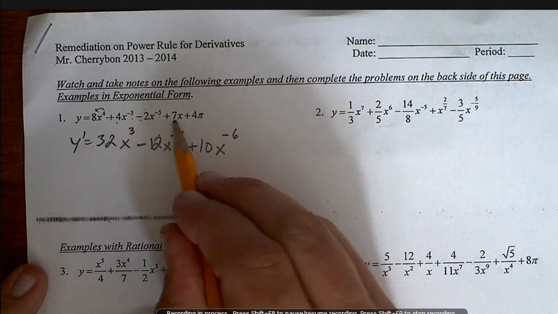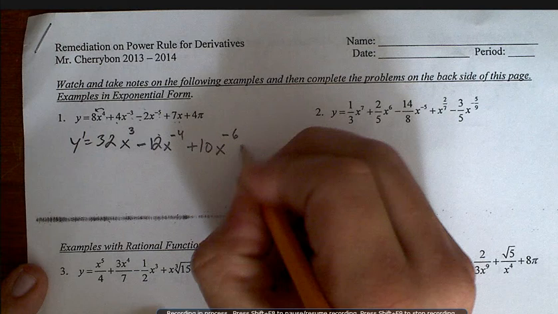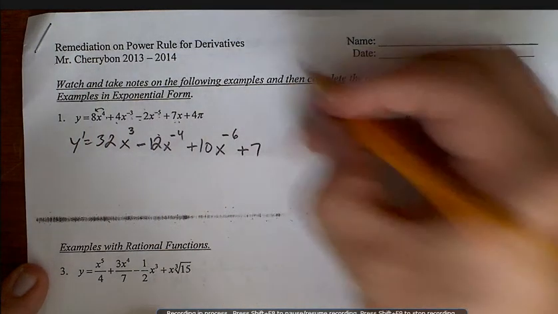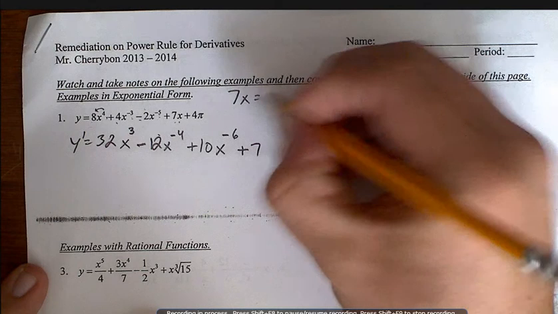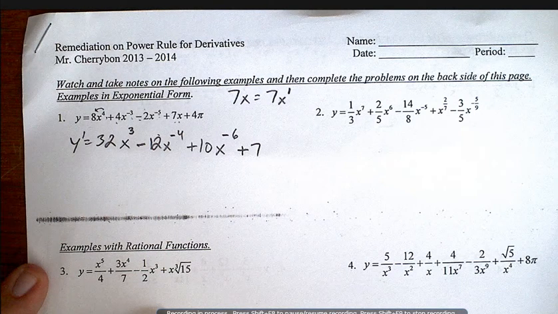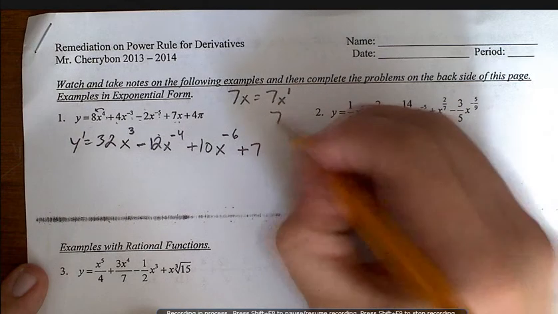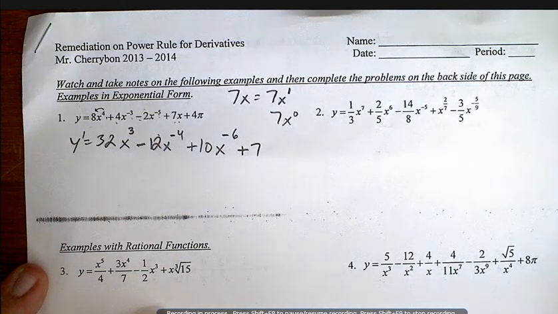And the reason why x disappears is because 7x is the same as 7x to the first power. So take the derivative. 1 times 7 is 7. And you get x to the 0. And anything to the 0 power is 1. So it's really 7 times 1, which is just 7.